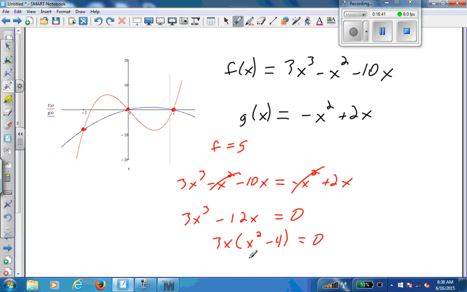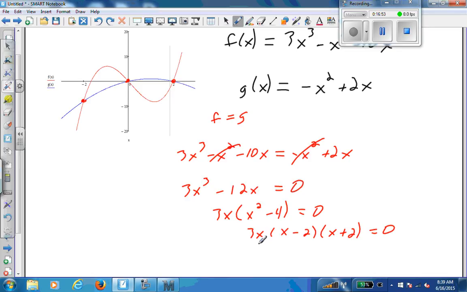That factors to a difference of squares. So notice there are 3 solutions: when x is 0, when x is 2, and when x is negative 2. Notice 0, 2, and negative 2. So there are 3 points of intersection.